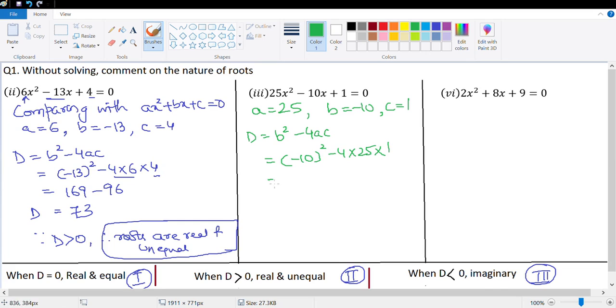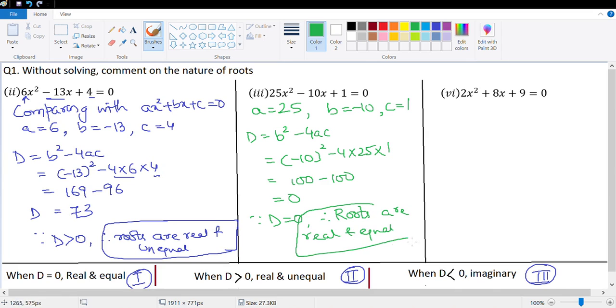This is 100 minus 100, which is equal to 0. Since d is equal to 0, therefore the solutions or the roots are real and equal. Good. Simple, isn't it?